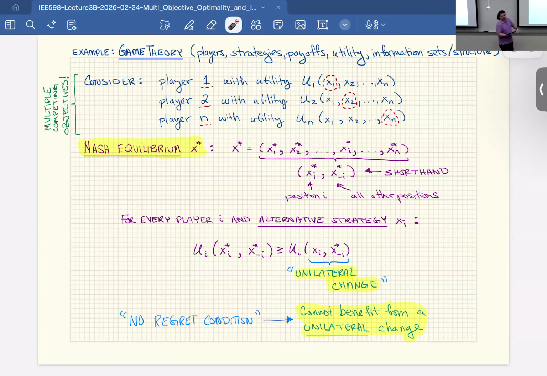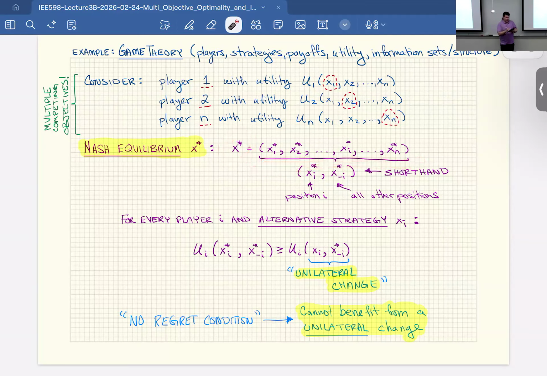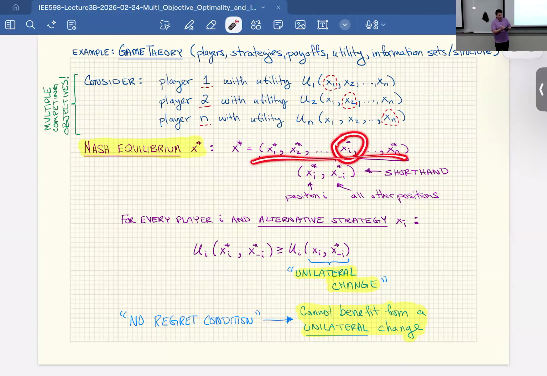A Nash equilibrium is a set of strategies, a set of things that those N players will play such that, and I'll use this shorthand sometimes, instead of writing this entire long vector, if I'm just focusing on one element like xi, I might just say we're focusing on i right now, and so we've got i, and then everything else that is not i bundled up together. This is just a notational thing.